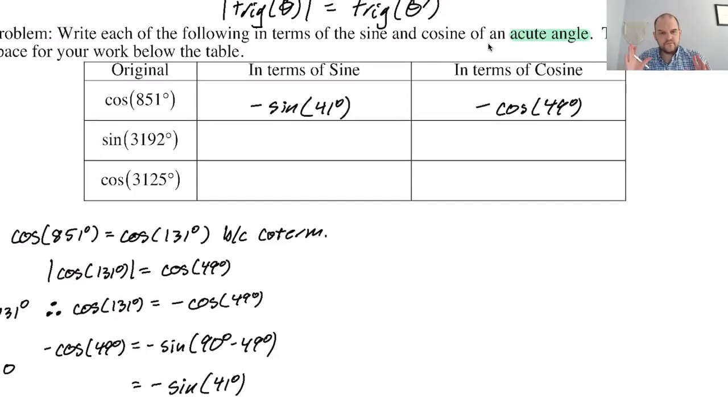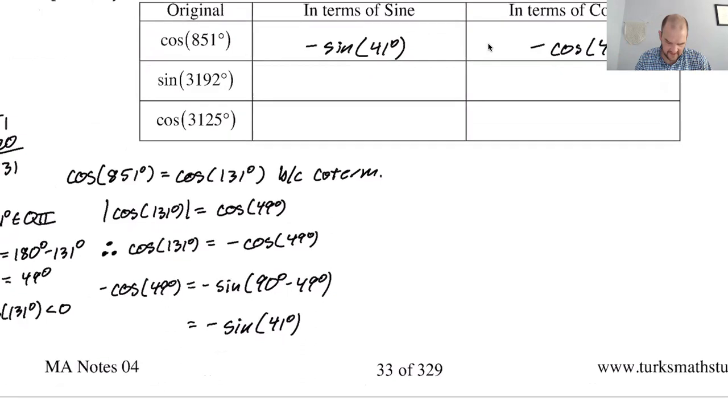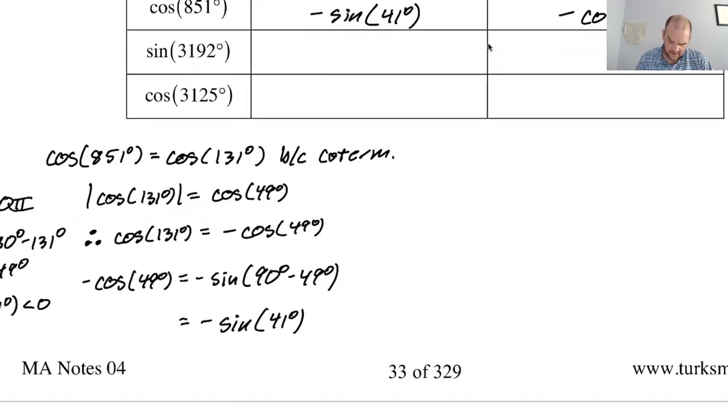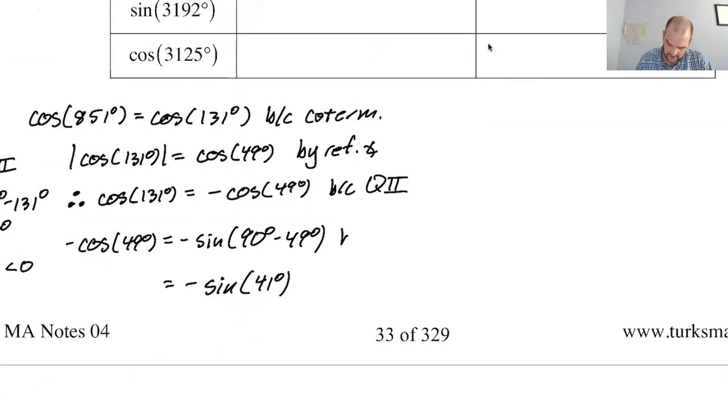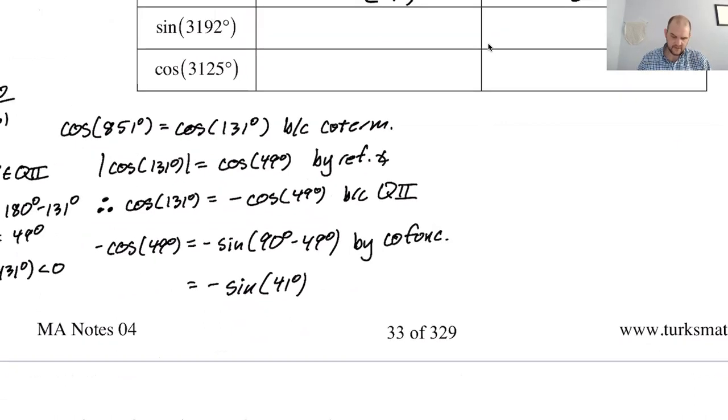Okay. So I usually like to annotate these as much as I can. So this is by reference angle. This is because quadrant 2. This is by cofunction. And there you go.